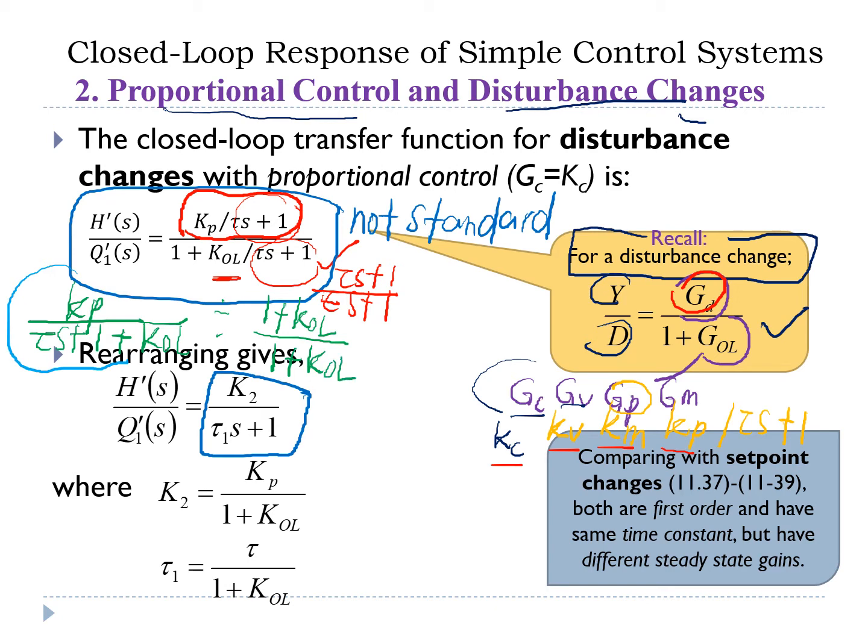You get Kd over 1 plus KOL over tau s over 1 plus KOL plus 1.